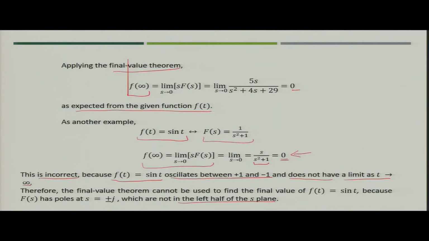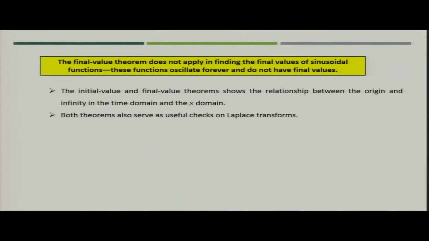So, you have to always keep in mind where you can apply the final value theorem, and where you cannot use it. You can summarize that the final value theorem does not apply in finding the final values of sinusoidal functions, because these functions are oscillatory in nature and do not have final values.